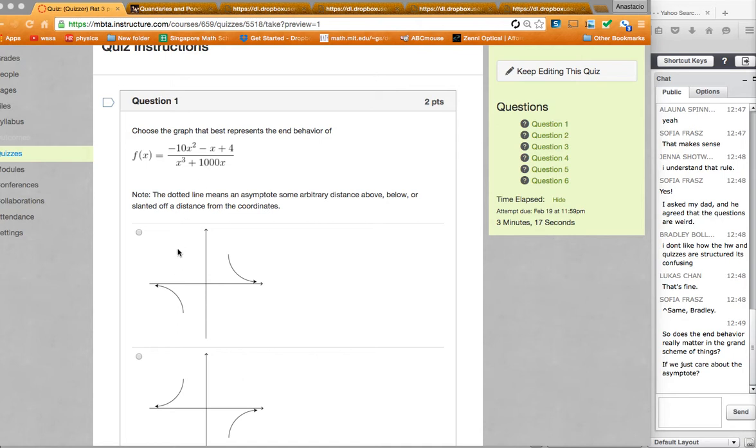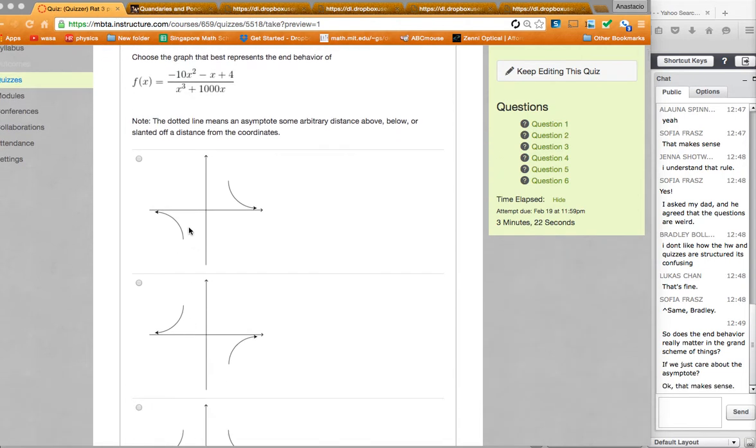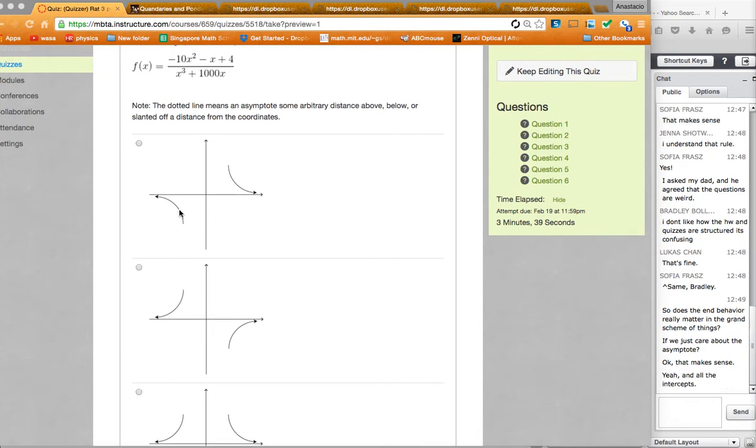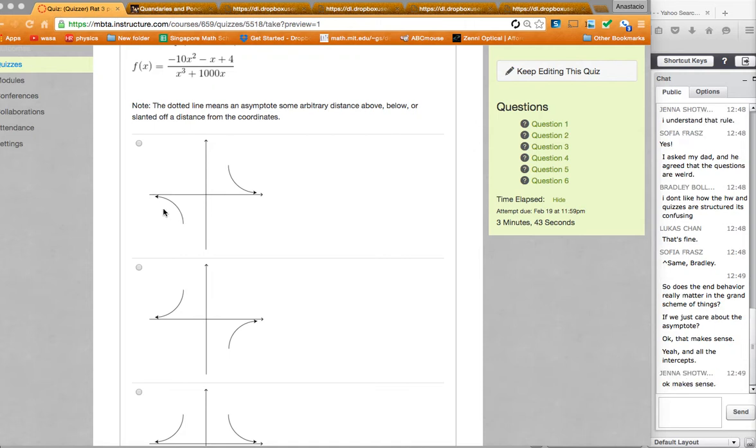In order to figure out exactly what this picture looks like, you not only have to worry about the degrees of the polynomials, that horizontal asymptote trick we have, but you also have to worry about the vertical asymptotes, how many there are, and whether it's a positive or negative coefficient. The y-intercepts, exactly. When you put all of this information together, you'll be able to get this kind of information.